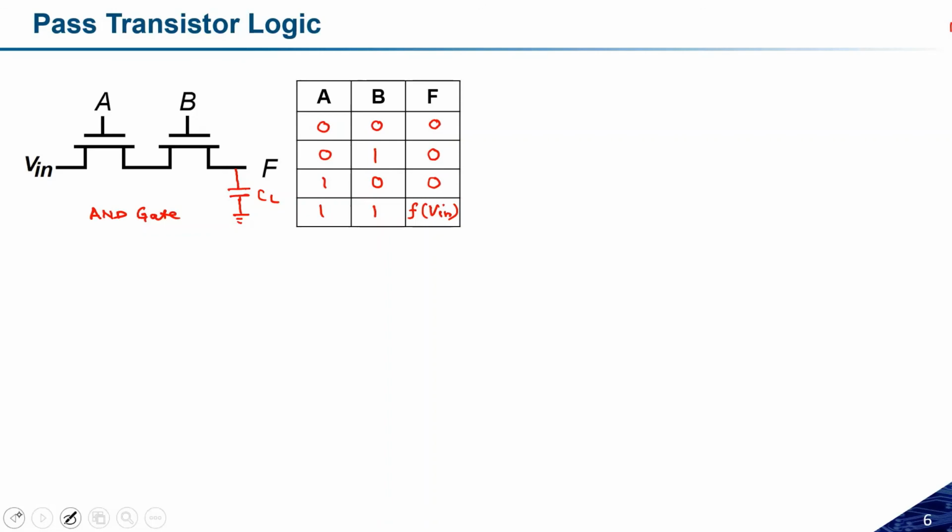And sir, A and B are our inputs, and what is V in? Is it VDD or any variable? I'm just keeping it as a variable to help understand. I will explain it later in more detail, how we can utilize this circuit to design the AND gate. So V in is like any other variable. Let us assume there is one more signal, 0 or 1.